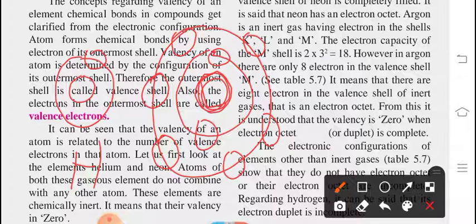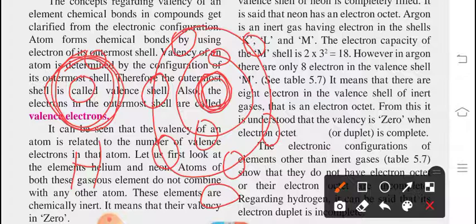Now you can observe here, with this oxygen, 6 electrons are there in the outermost orbit, and in the hydrogen, 1 electron is there in the outermost orbit. Outermost orbit means whatever the outer orbit is over there. If you observe it here, the octet is not there. That means 8 electrons are not there in the outermost orbit.